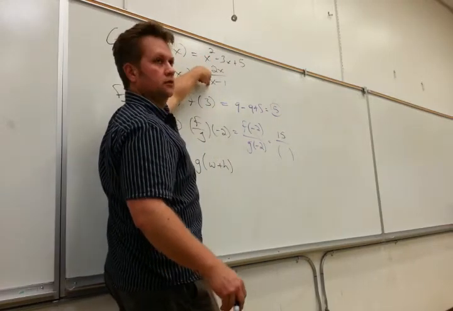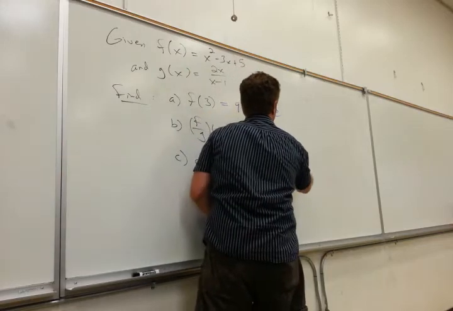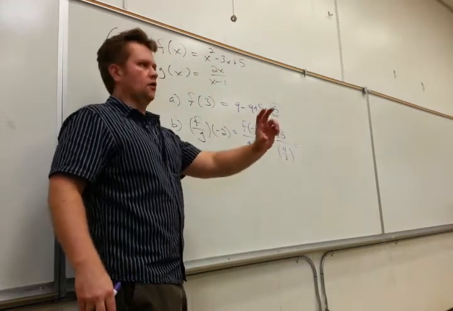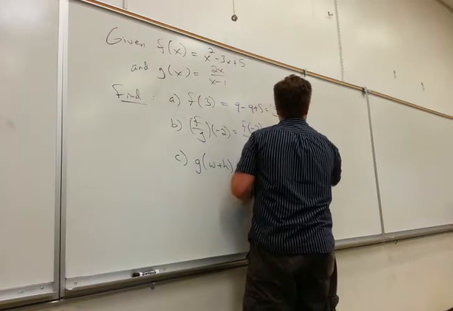Negative 4 over negative 3, so 4/3. And then, of course, how do you do that? Yeah, multiply by the reciprocal, so you get 45 over 4.